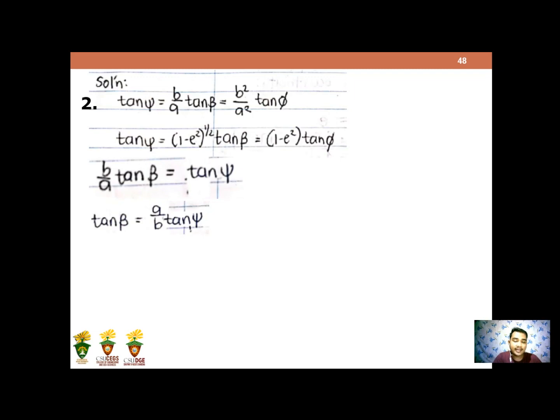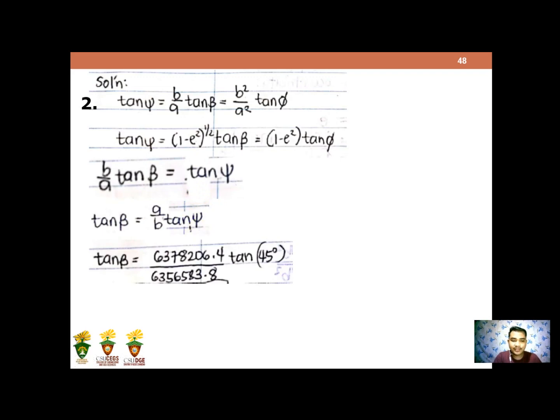Since kay ang gipangita kay tangent of reduced latitude, so we need to transpose b over a sa picas. So mahimo na natong equation nga tangent of reduced latitude is equal to a over b tangent of geocentric latitude.